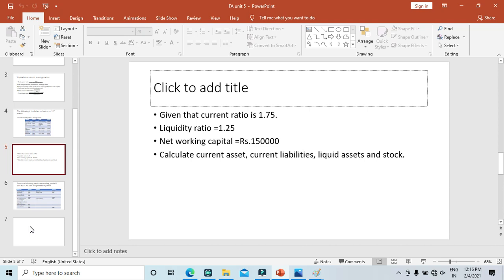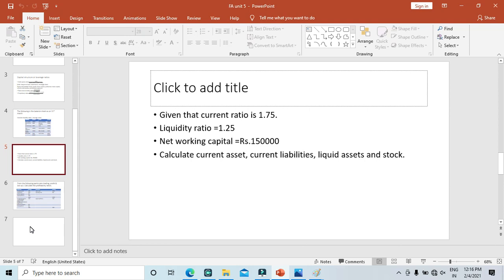So what he asked us to calculate: current assets, current liabilities, liquid assets and stock.